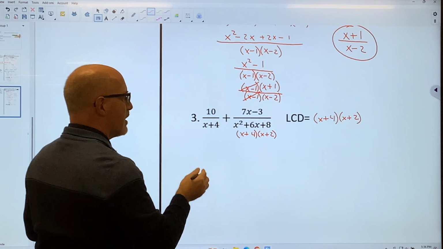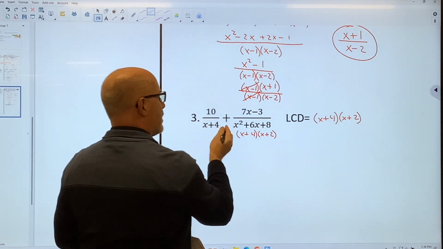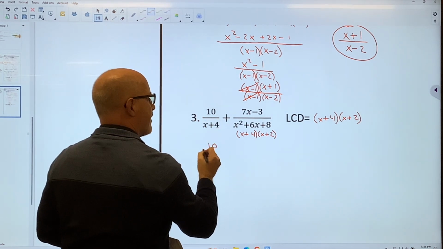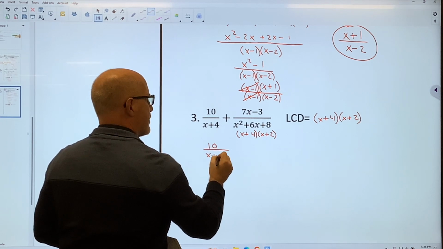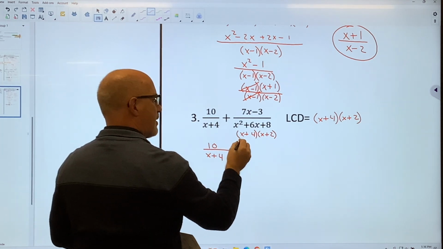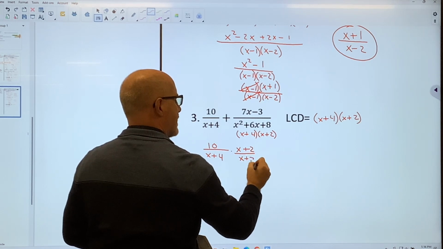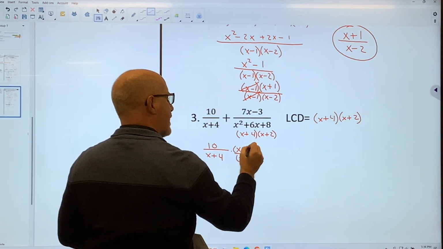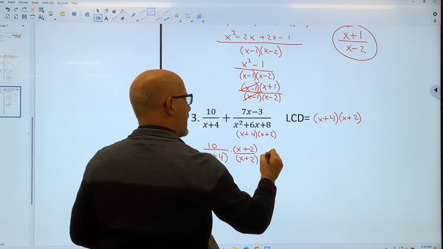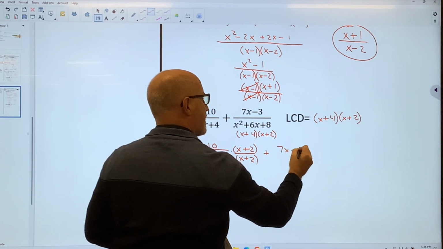And now what I'm going to look at here is that this first one's missing a factor. So x plus 4 times, I'm going to multiply it by x plus 2 over x plus 2. That's what it's missing from my common denominator. The second one I can leave as is because there's nothing missing.